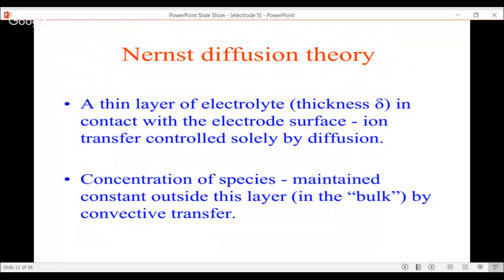So we will be dealing with these diffusion controlled reactions. This is what you use in polarography and other techniques, because you are only worried about the diffusion current. Concentration of species is maintained constant outside the layer by convective transfer.